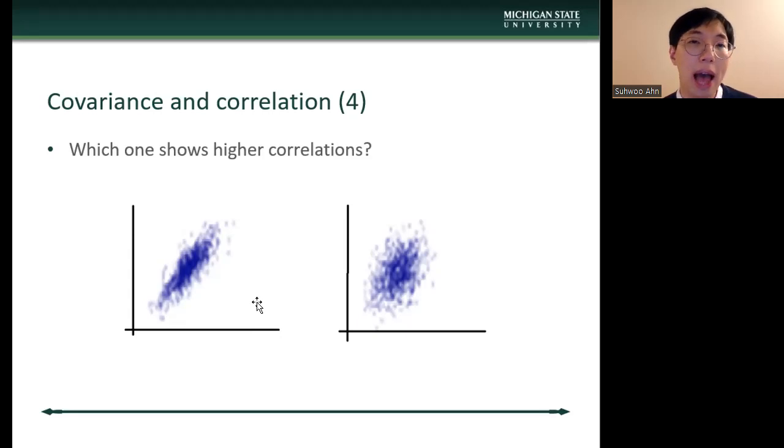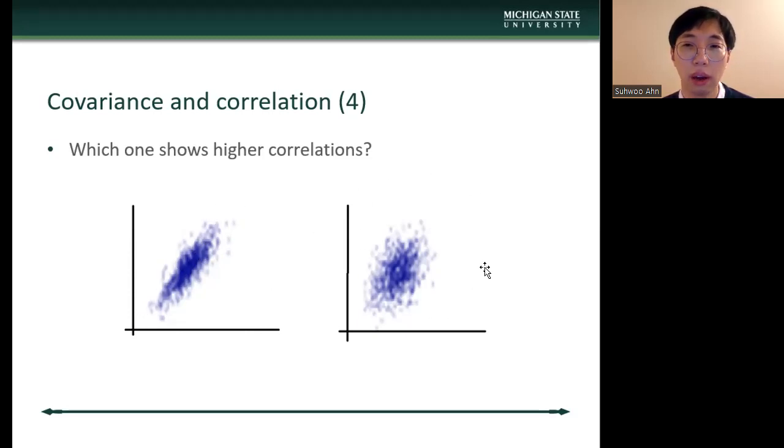However, if you are asked which one shows the higher correlation, you can see which one is more clustered, or which one is less spread out. For example, the graph on the left shows a positive relationship between x and y, and the data points are really clustered around the line.